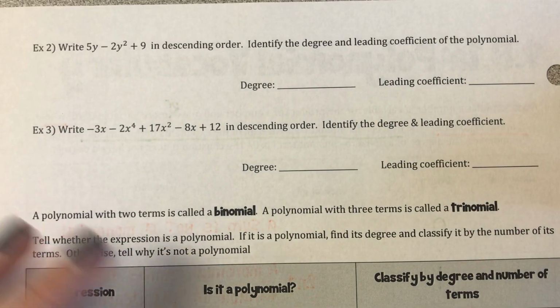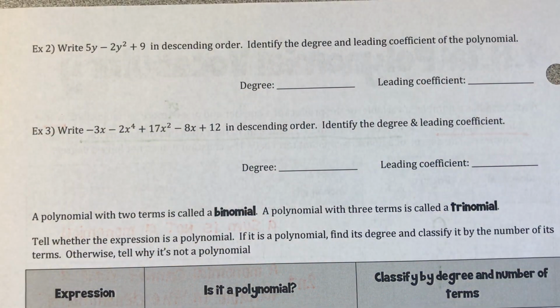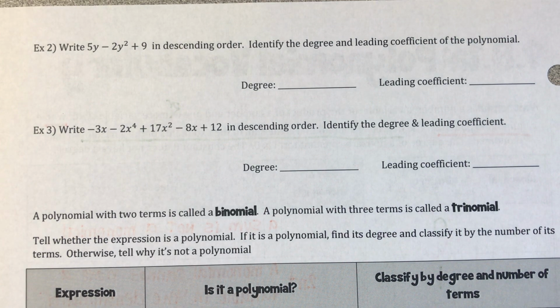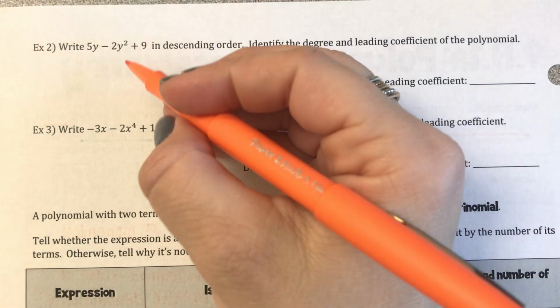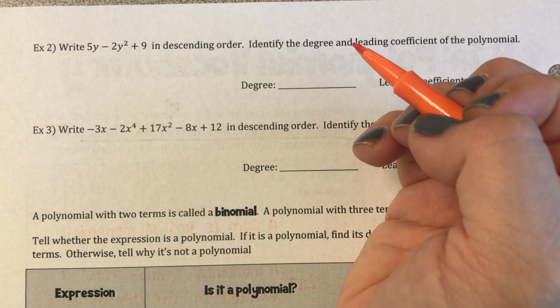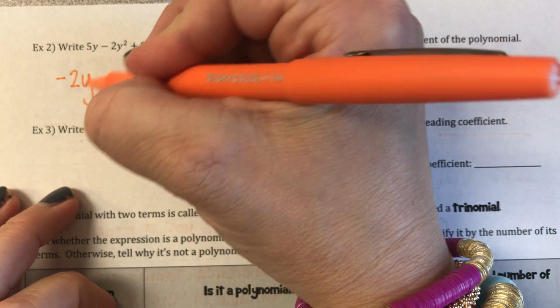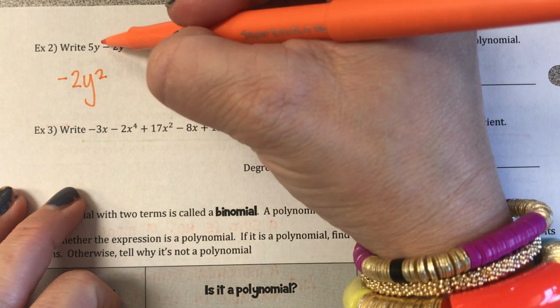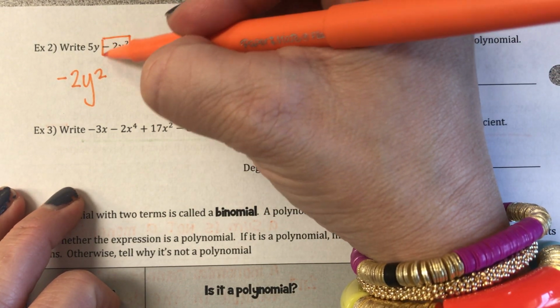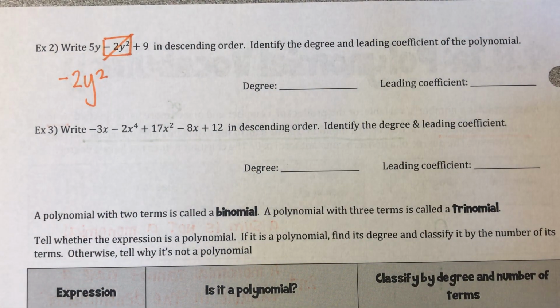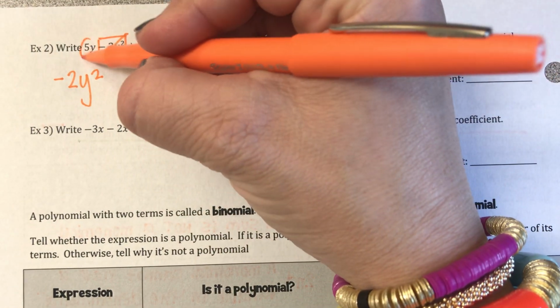Okay, turn it over. Let's do number 2. Write 5y minus 2y squared plus 9 in descending order. The highest exponent that I see is squared. So it's -2y squared. Sometimes what I like to do is say, okay, I've taken care of that one, I don't want to leave anyone out. Then I have 5y.